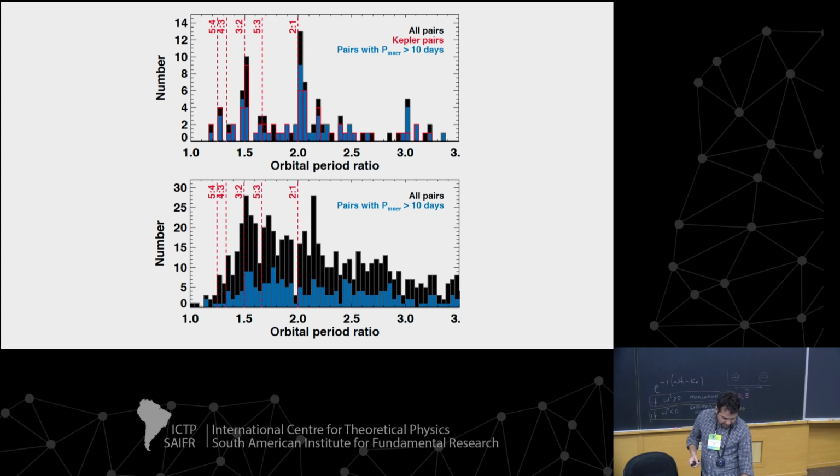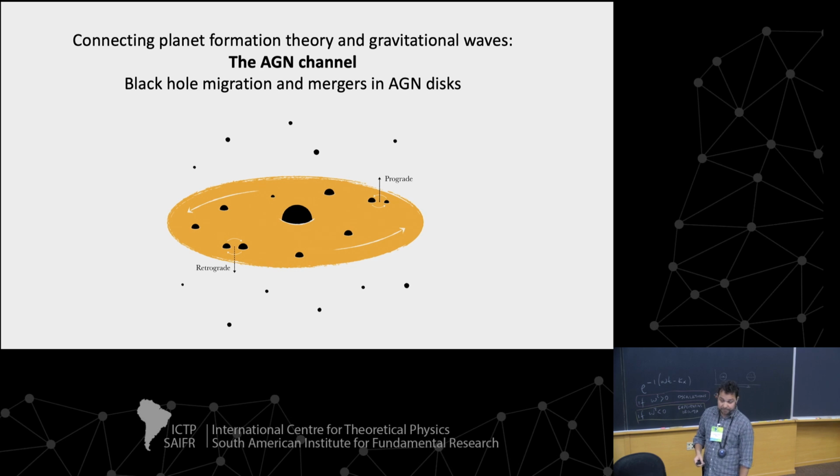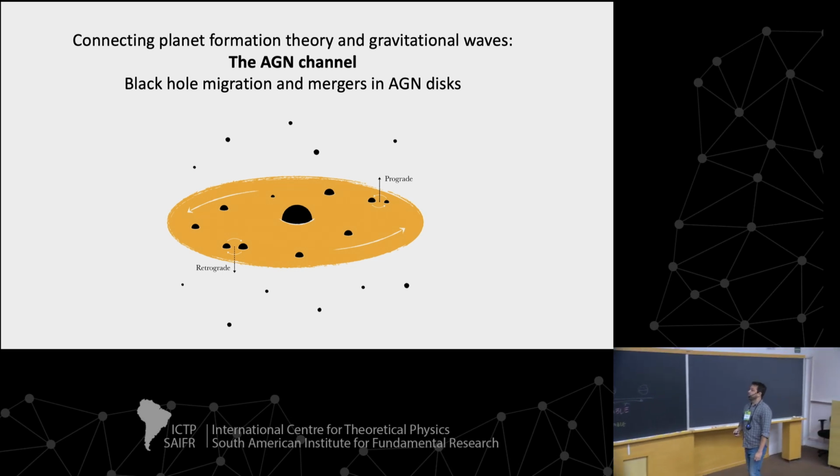And let me tie that also with the theme of the school, which is to connect the gravitational waves with planets, right? So how do we combine the gravitational waves and planets?